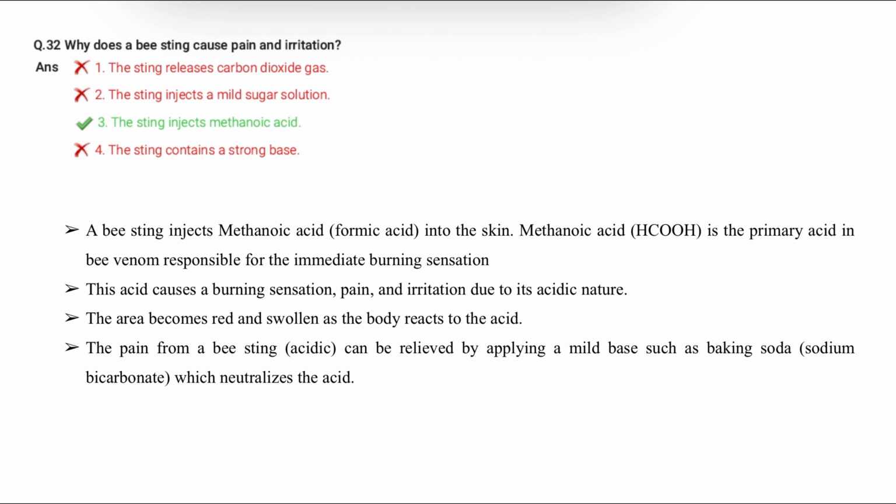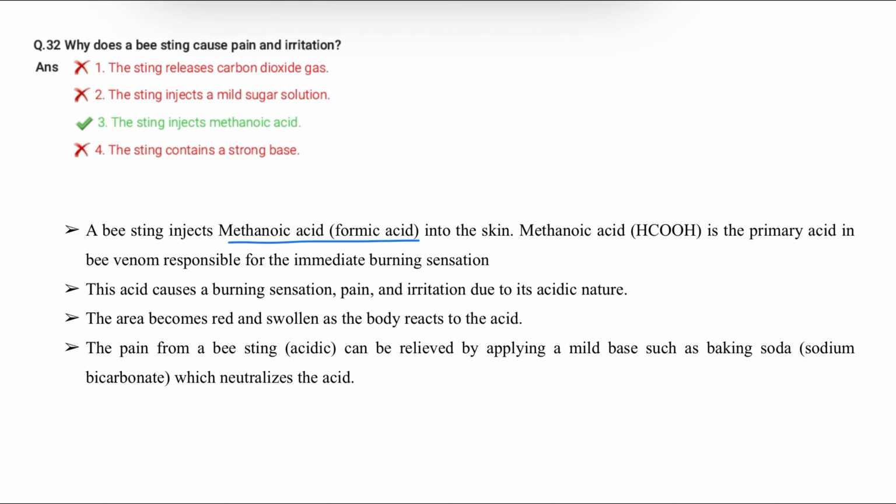Next question. Why does a bee sting cause pain and irritation? A bee sting injects methanoic acid, formic acid, into the skin. Methanoic acid, HCOOH, is the primary acid in bee venom responsible for the immediate burning sensation.